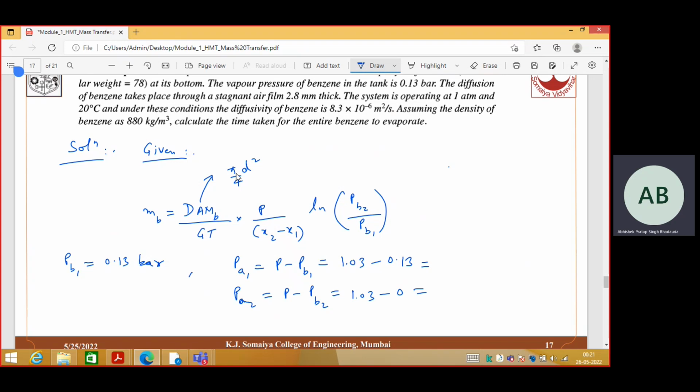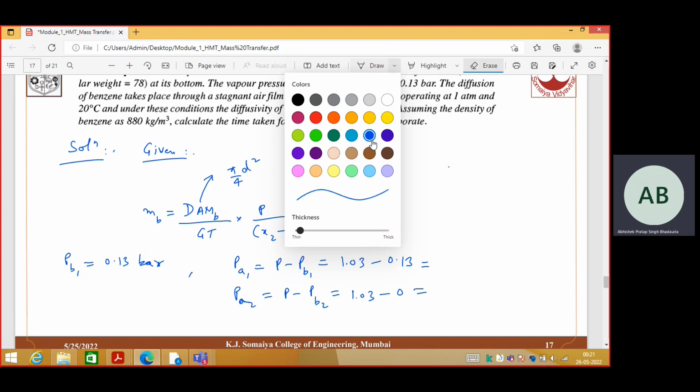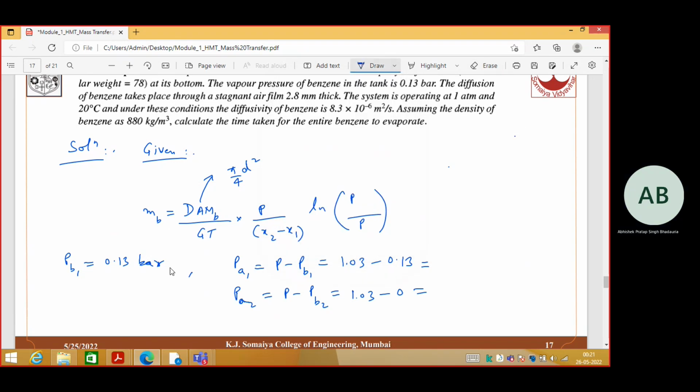Let me correct this symbol. In this expression, it is PA2 divided by PA1, not PB2 divided by PB1. The expression is PA2 divided by PA1.